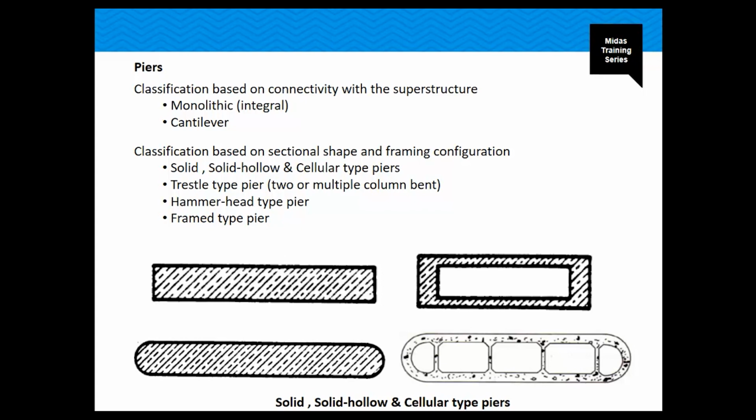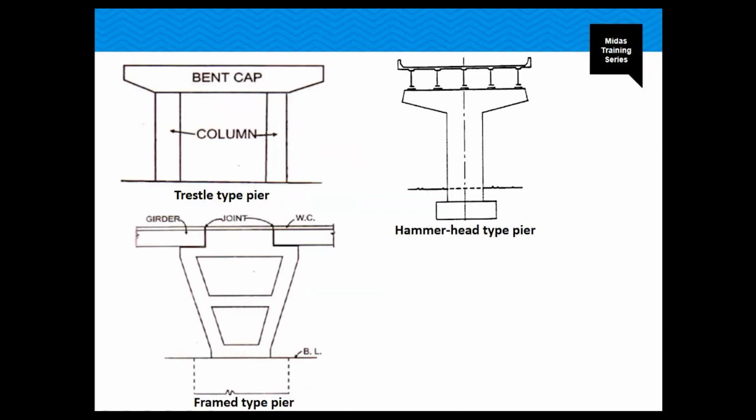For the construction of massive piers carrying multi-lane traffic, these types of piers are economical. For example, the cellular one uses reinforced concrete, and they can save you some money using these types, with the hollow portions.